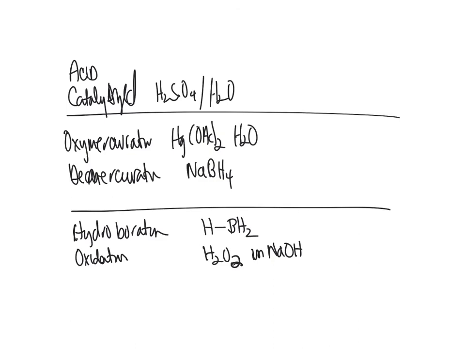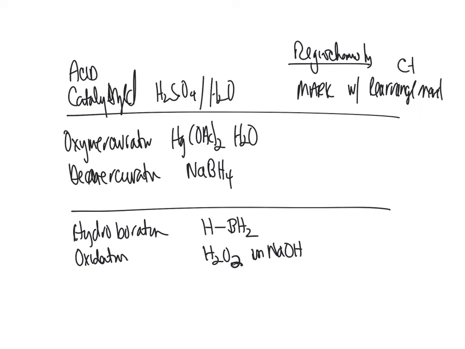The regiochemistry for the first one, acid catalyzed, is going to be Markovnikov, with possible rearrangements. Okay, because you've got to have the carbocation, so you do the carbocation test. So you could have possible rearrangements.